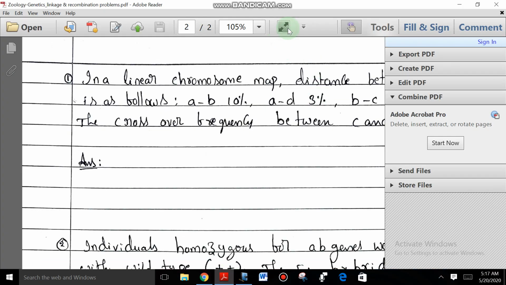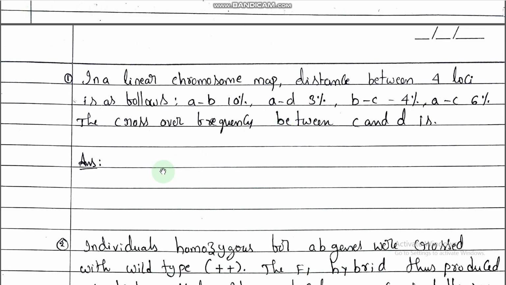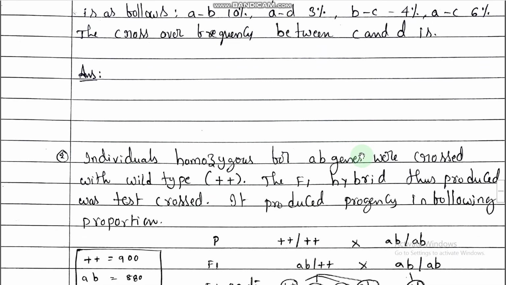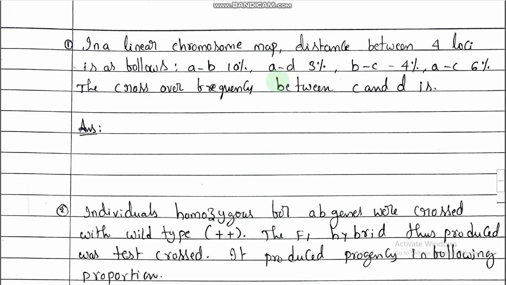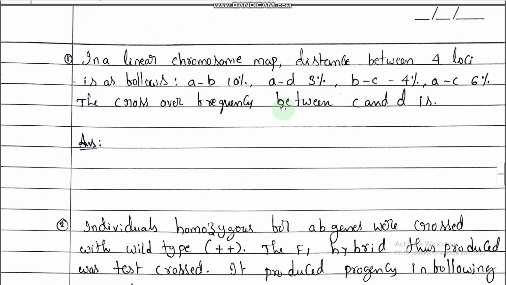Here I am unable to write the answer. You can write the answer in the notes. So what is the answer? 3% or 9%. The crossing over frequency between C and D is equal to 3% or 9%. Suppose the distance is asked, 3 centimorgans or 3 map units or 9 map units. Clear? Right. This is regarding the arrangement of genes on the chromosome.